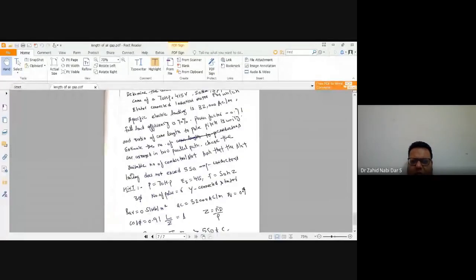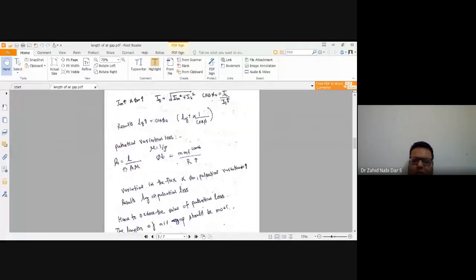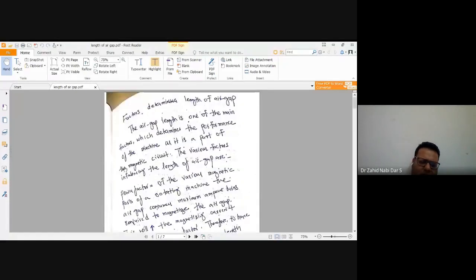Now I'll revise what we have learned, and I will conclude. Essentially, we saw the essential factors that govern the length of the air gap. The length of air gap is the distance between the stator and the rotor conductors inside the induction machine.